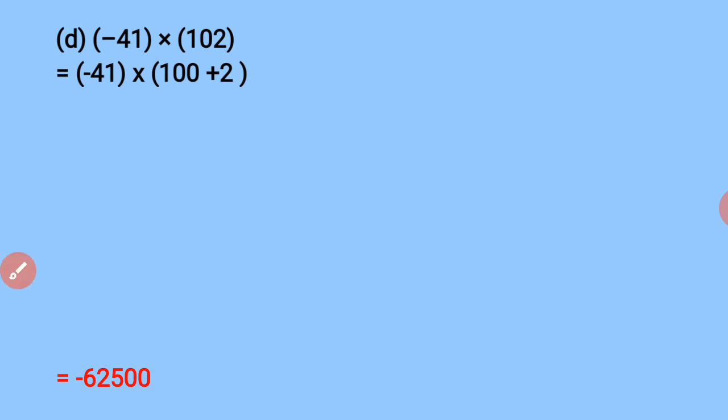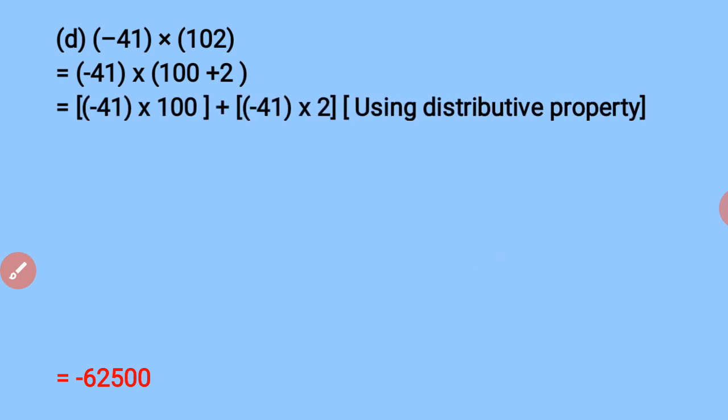So let us try it. This is how you have used the distributive property and you have distributed the given example. So now first bracket is minus 41 into 100. Second bracket is minus 41 into 2. And what about the in between sign? That sign, it is already there in the bracket. 100 plus 2, that plus sign is copied here.